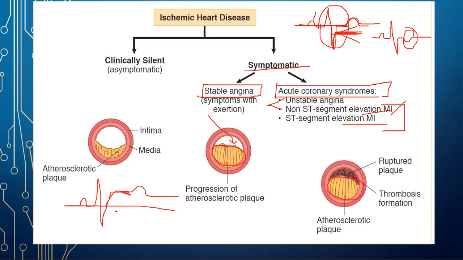Now, what you see, this is the baseline. Your ST segment should be here, right? Now, the ST segment goes up like this. So now this is the ST elevation. So if you get ST elevation with raised troponin, then we call it ST elevated MI. Clear? So this is the main difference between these three things. And all together, unstable angina, non-ST elevated MI, and ST elevated MI are called acute coronary syndrome.